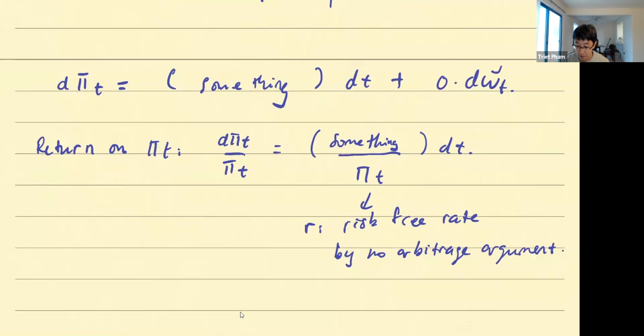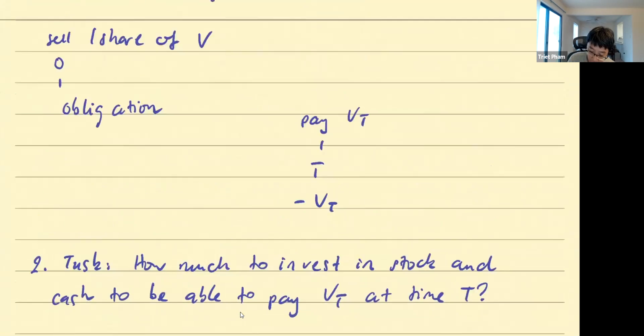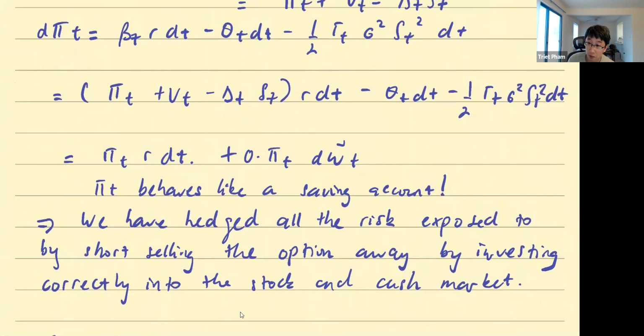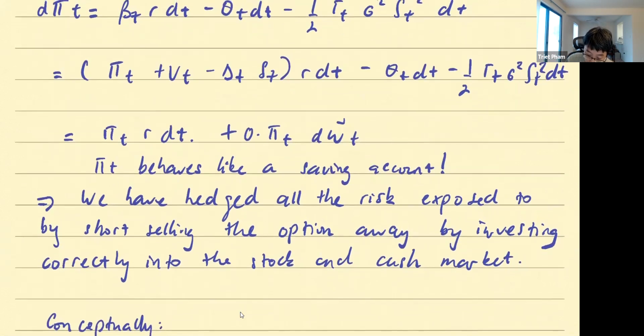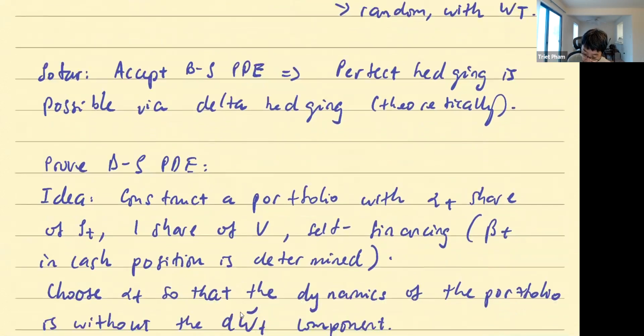So basically, the Black-Scholes PDE is almost implied by what we've done so far above. It's almost implied by the no arbitrage argument. So repeating, exactly the same as above.